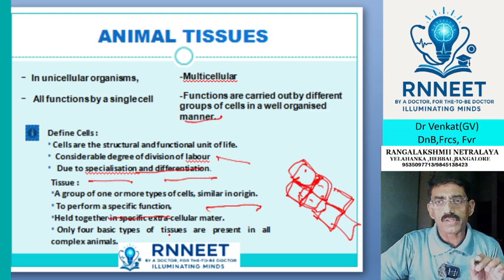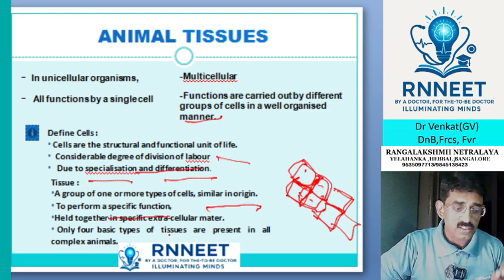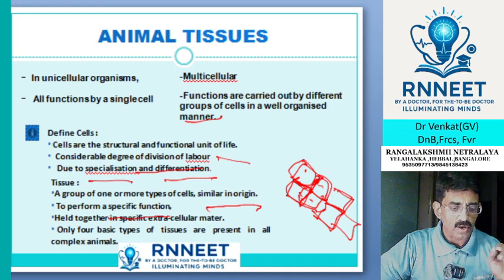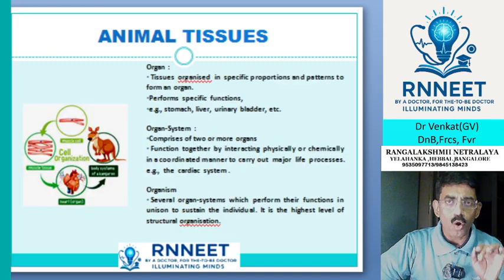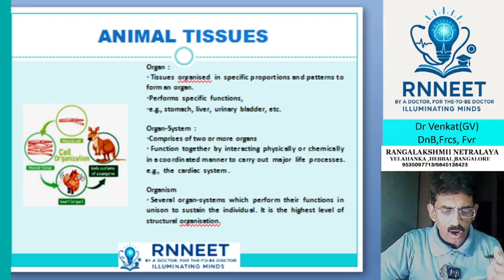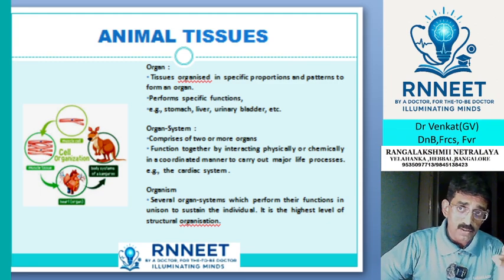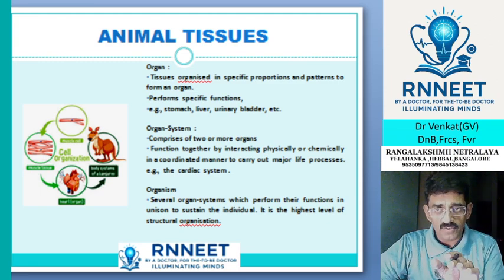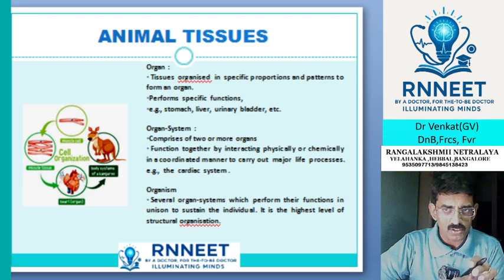Only 4 basic types of tissues are present, and we are going to be studying this specifically in this chapter. Now if you know that this is a tissue, what then is an organ? Organs are basically tissues which are organized. Cells grouped together, with a specific type of function, held together by a cementing substance, form a tissue.